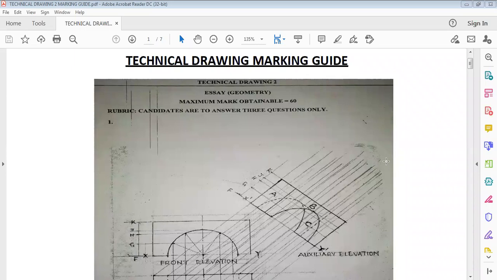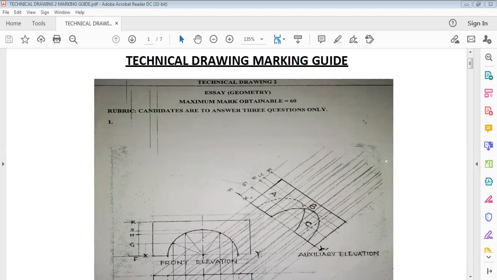This is Grace Tutor, where we solve technical drawing problems, and we also provide information that is useful for you to do well in your exams. And if you are looking at the screen, what I want to do here is all about the technical drawing marking guide. You have not seen a technical drawing marking guide before.